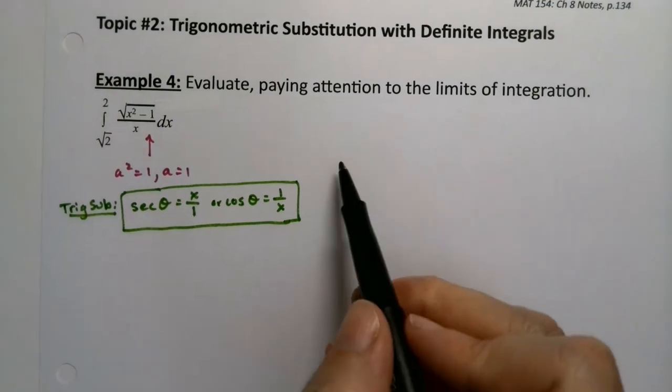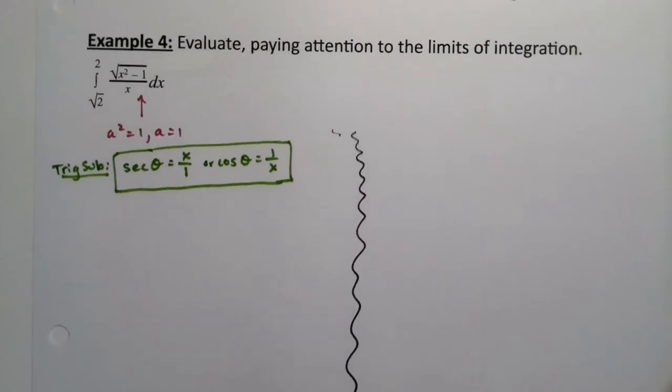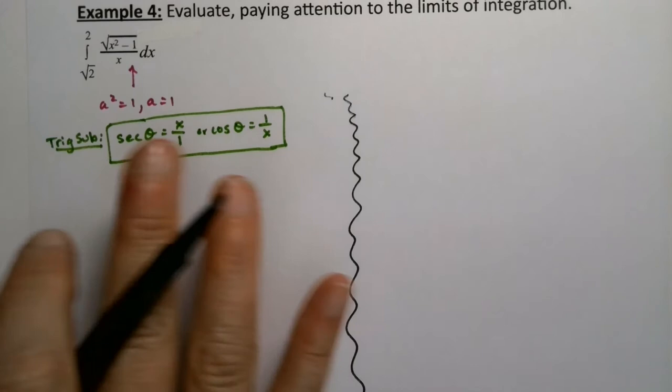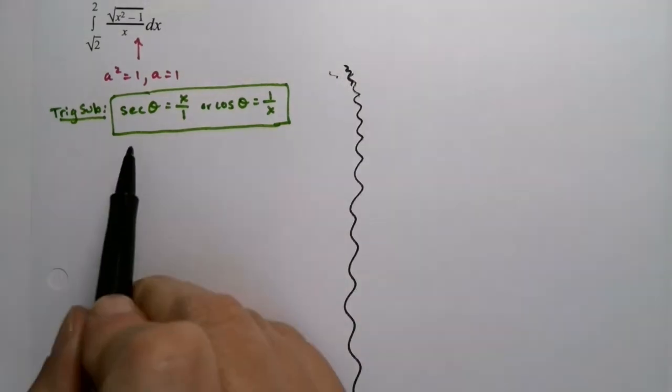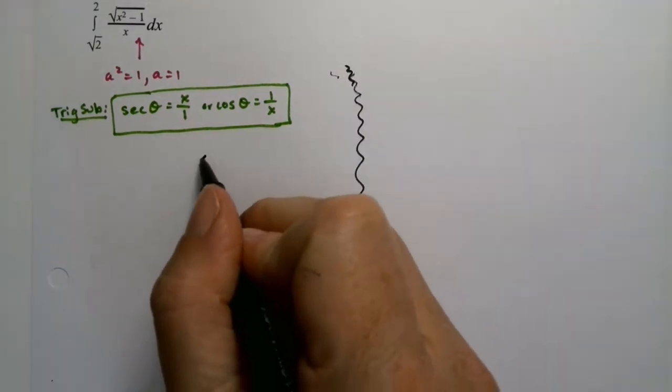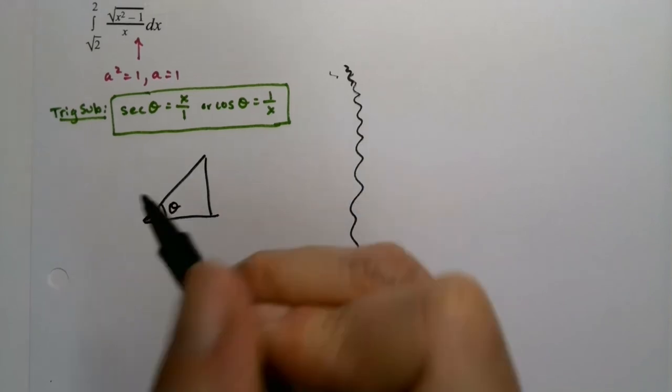And as per usual, we know we're going to need about half the page taken up by all the work we're going to have to do for the substitution, right? So about half the page becomes all the substitution work, and then the other half becomes all the integration work. Okay, so let's build a triangle. Put our angle theta.